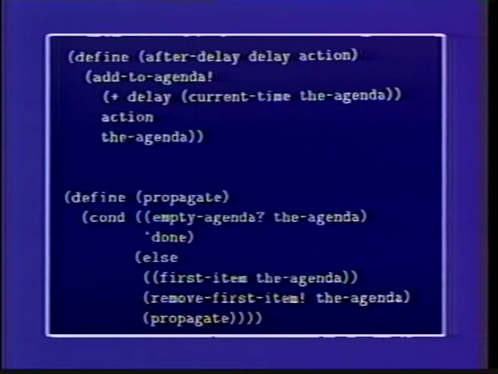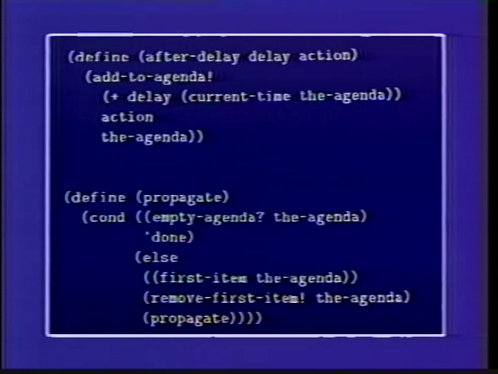And then it was going to call a procedure which is going to change the output. Well, how are we going to do this? We're going to make up some mechanism, a fairly complicated mechanism at that, which we're going to have to be very careful about. But after a delay, we're going to do an action. A delay is a number, and an action is a procedure.